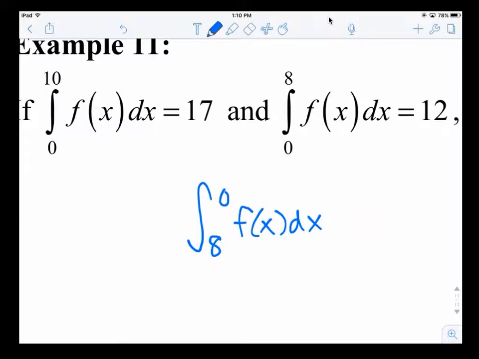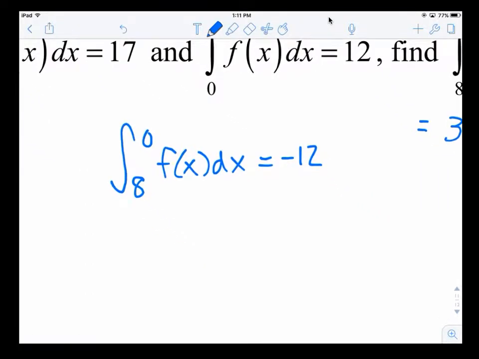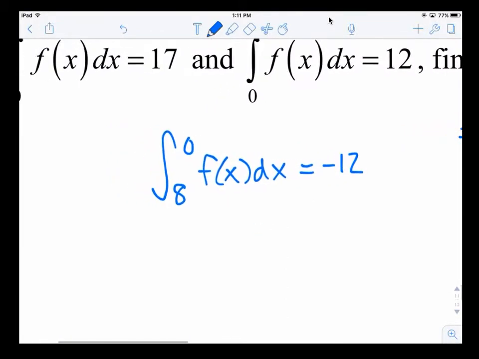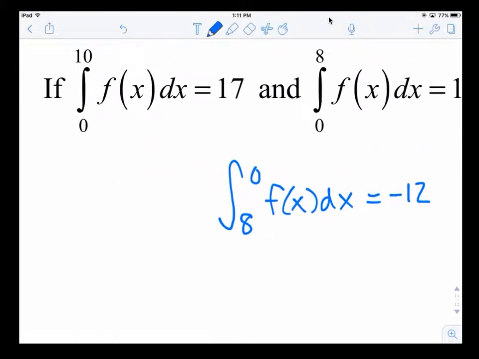Not 1 over. If I'm going from 0 to 8, and it gave me 12, if I work backwards, it'll give me negative 12, right. Okay. And then, so if I have 8 to 0, what would I be able to add on to that?